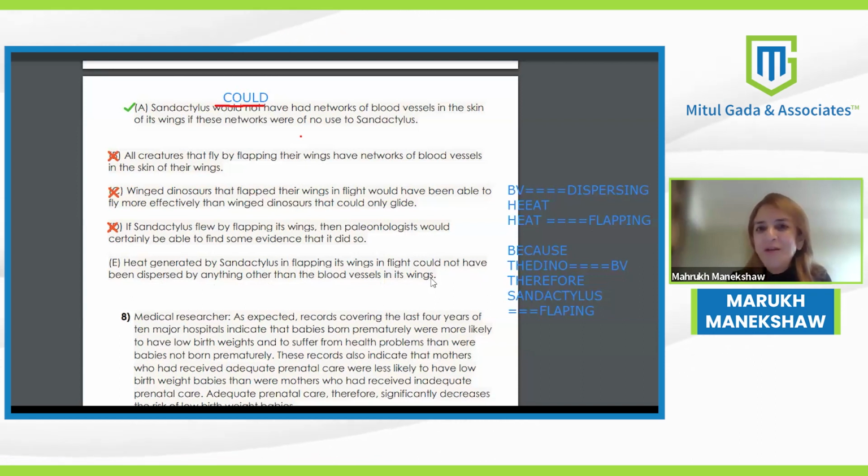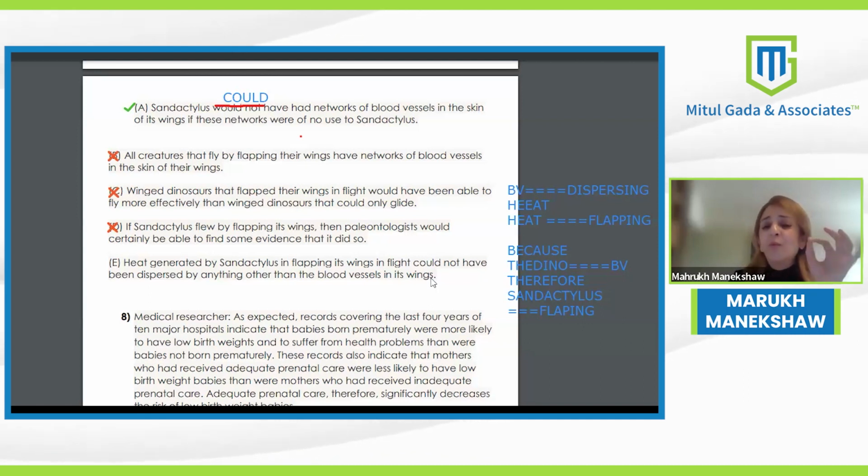We already mentioned the premise says that heat is only generated through flapping. Heat is only generated when there is flapping, but flapping can happen and flapping can cause other outcomes too, as we said.